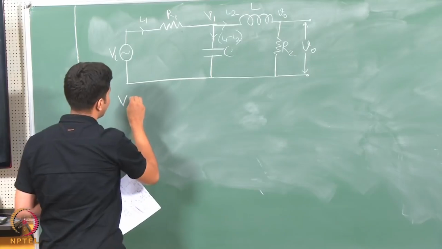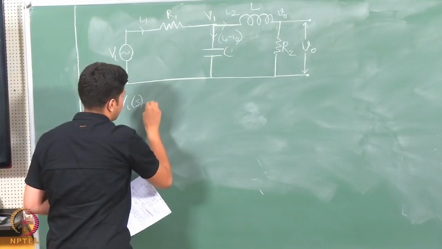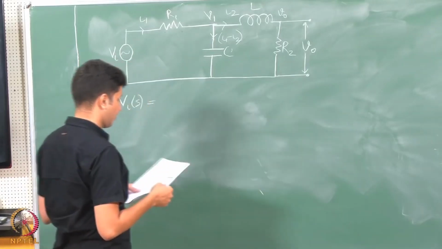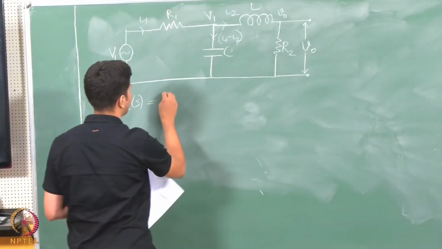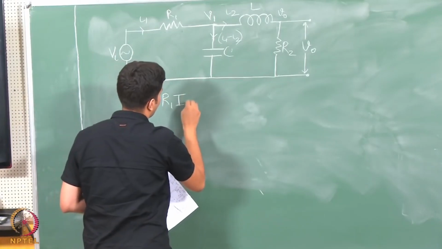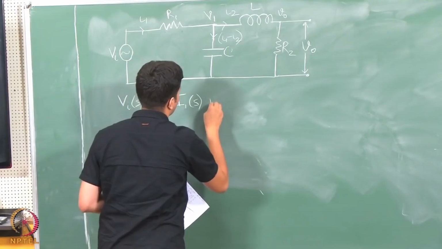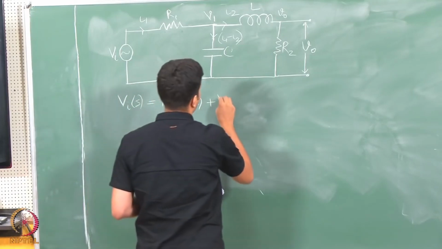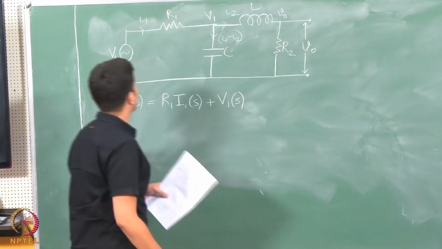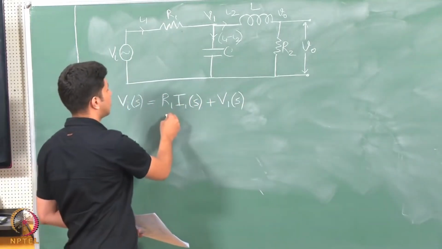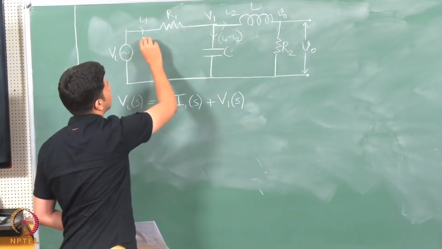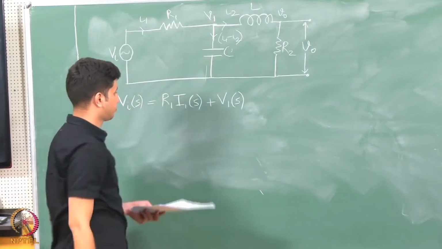I am directly writing everything in the Laplace domain, because now we are comfortable with writing down network equations in the S domain directly. So, my Vi of S is nothing but R1 times I1 of S plus V1 of S.